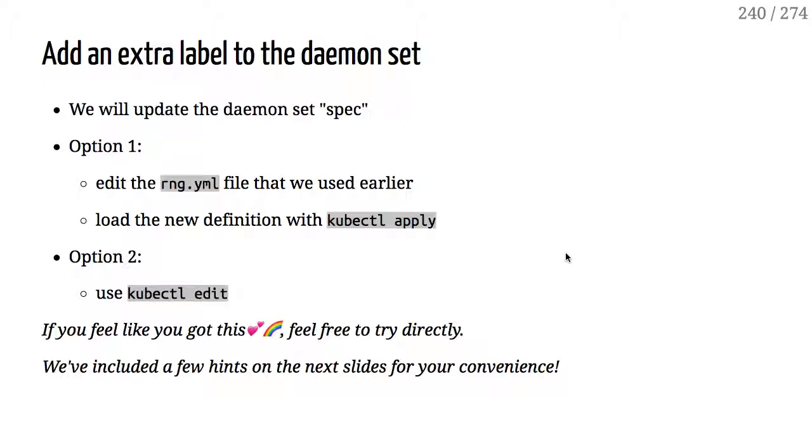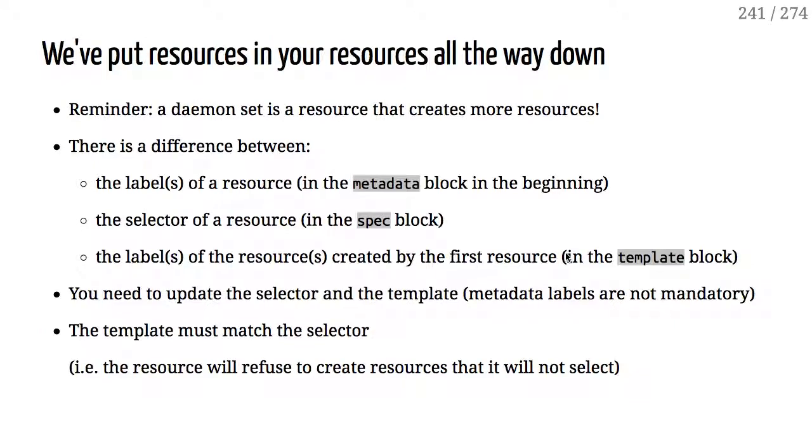So if you caught up to this point and if you feel brave, you can try directly, but there are many little issues that you can run into, so I have a bunch of helps on the following slides. The main thing to understand here is that a daemon set is a resource that creates more resources, like a deployment.